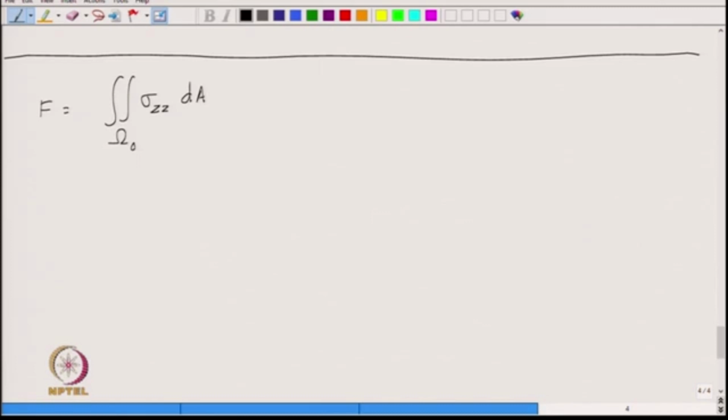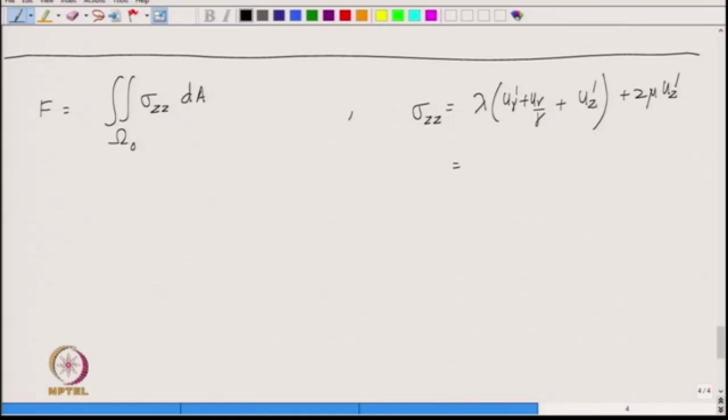But what is sigma zz? So, sigma zz, we know it is lambda times u r prime plus u r by r plus u z prime plus 2 mu into u z prime, right.